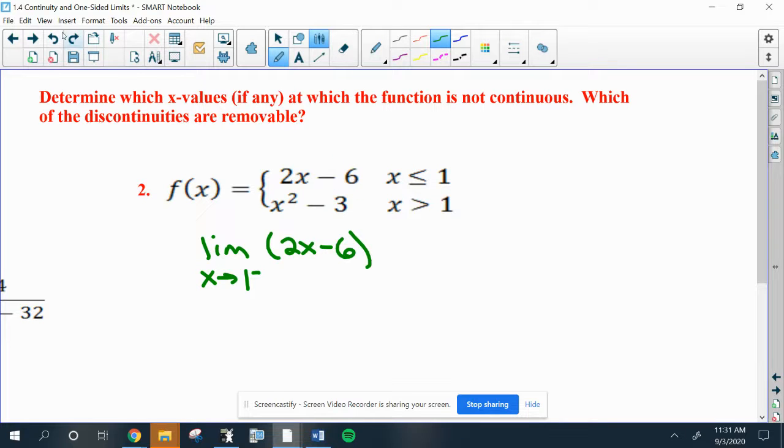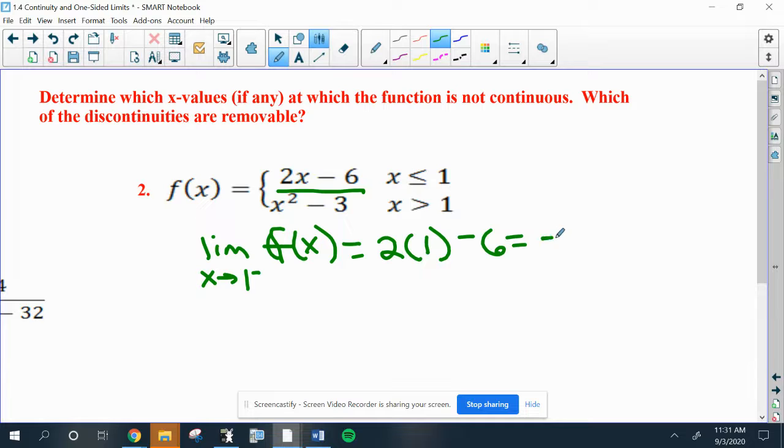So wait, let me start over again. I shouldn't have done that. That's how I wanted to write it. You would be using this part of the function. So this would be 2 times 1 minus 6, which equals negative 4.